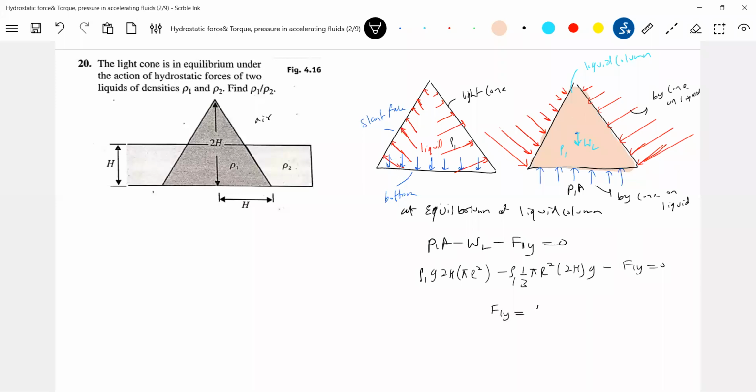F1y should be equal to 4 by 3 pi rho 1 g r square h. Check the calculation.